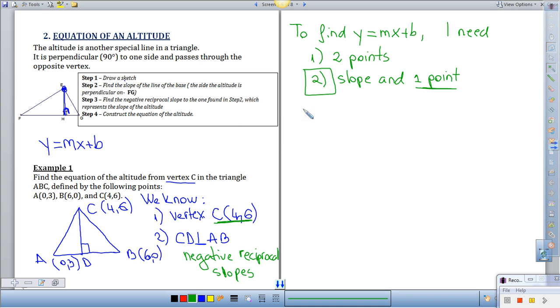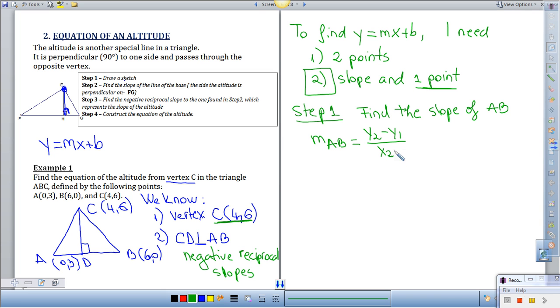So let's work through our steps. Step 1. First, we're going to find the slope of AB, or the opposite side from the vertex. So the slope of AB is y2 minus y1 over x2 minus x1. And let's look at our sketch here.